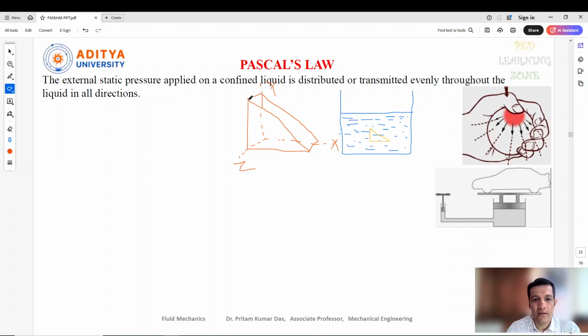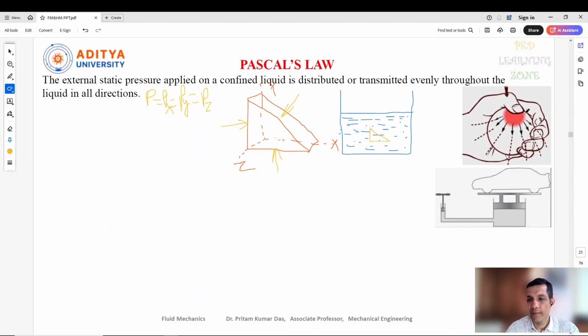Let's consider one pressure applied on this surface, another pressure applied on another surface, and one more pressure applied on a third surface. As per the statement, we need to prove that Px equals Py and equals Pz. That means the pressure applied at one point should be transmitted in all directions.